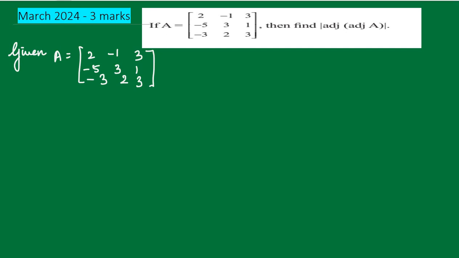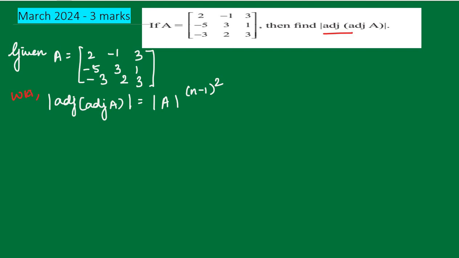We are asked to find the value of the determinant of adj(adj A). So the determinant of adj(adj A), we know, is equal to determinant of A whole power (n minus 1) the whole squared.